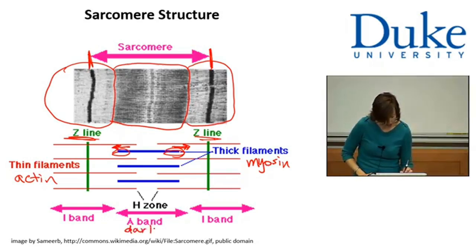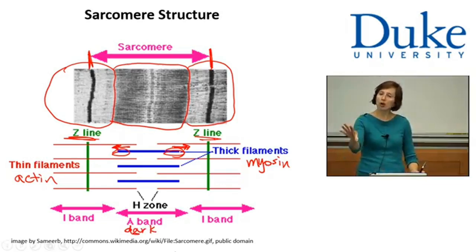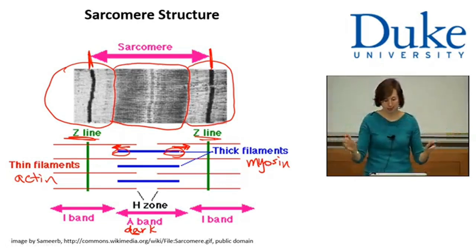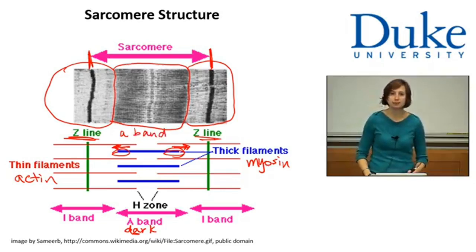You can remember that dark has an A in it. So anywhere we have myosin, since it's thick, it will stain darkly, and that's what's responsible for this A band right here. This is where myosin is.